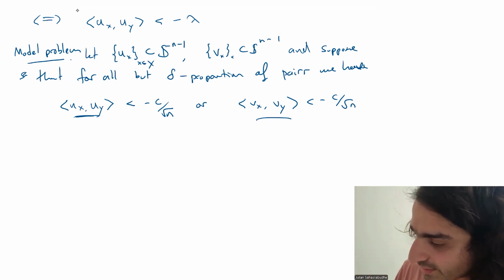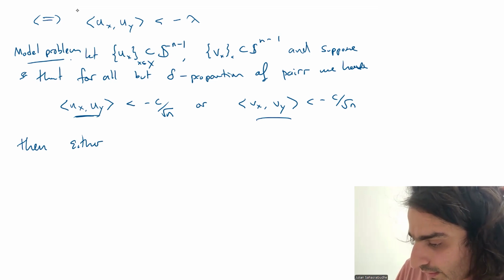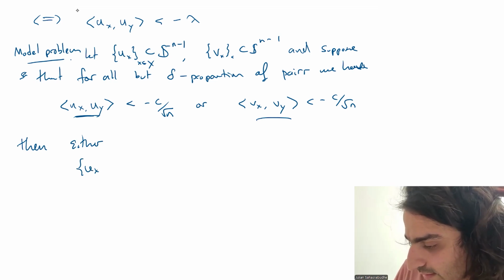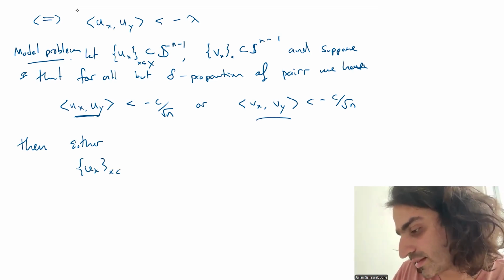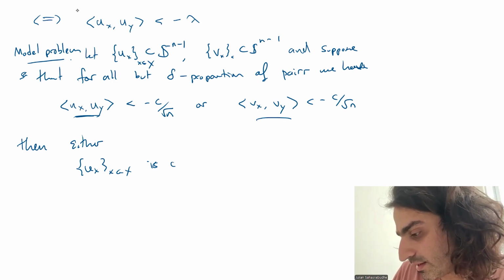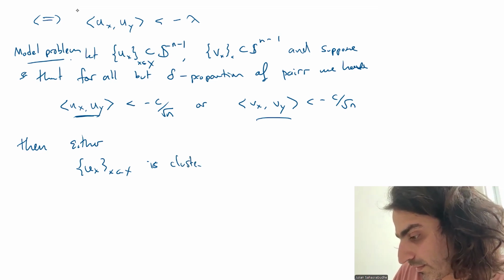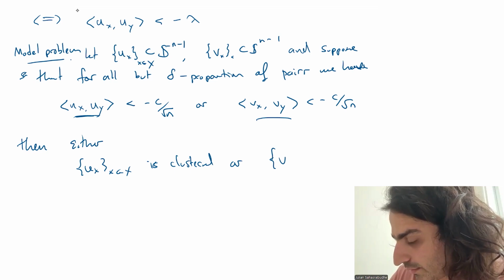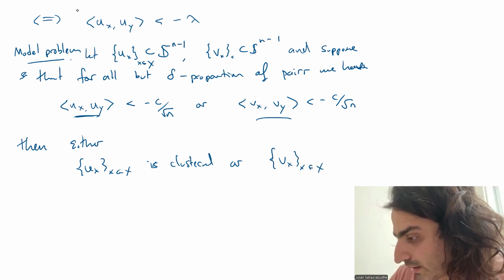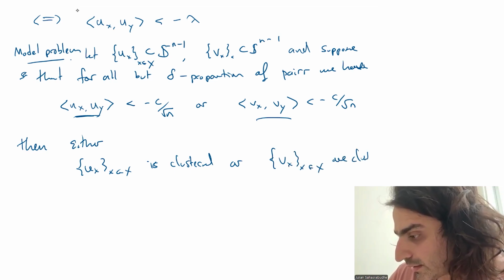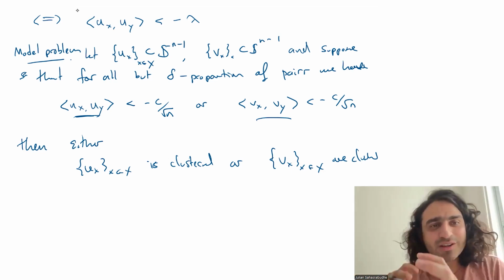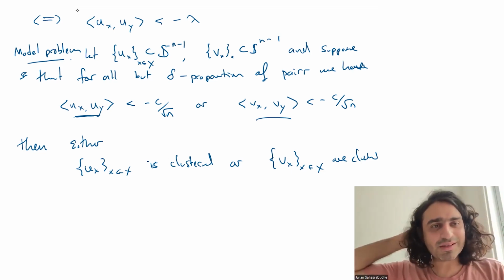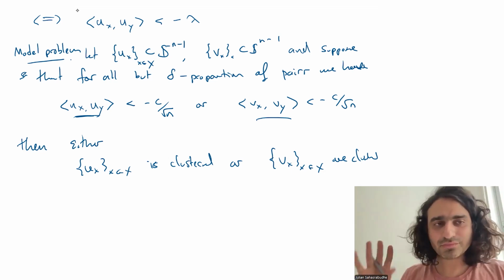So if I have this, then either a fraction of the u of x is clustered, or the v of x are clustered, like clustered around a simplex or something like this. Okay.